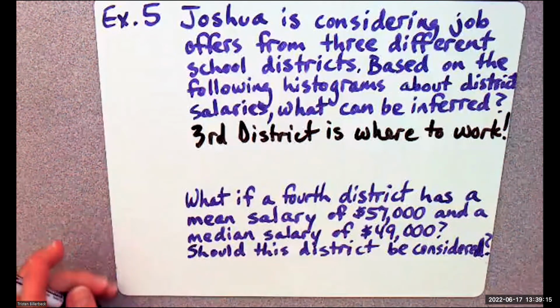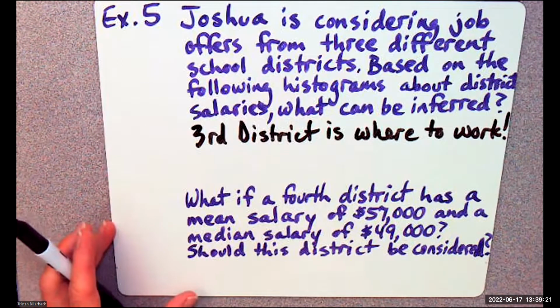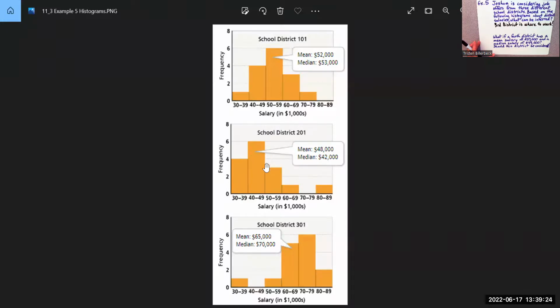So let's take a look at that one more time. No, it's the third district right here. Yes, it's skewed to the left because the tail's on the left. Okay, you don't want to work for District 2 because it's skewed to the right.